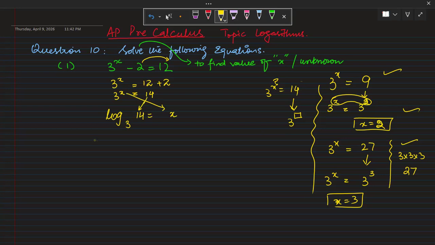Right? Now have you got the value of x? Now use the calculator and find out log base 3 of argument 14. What value are we getting?